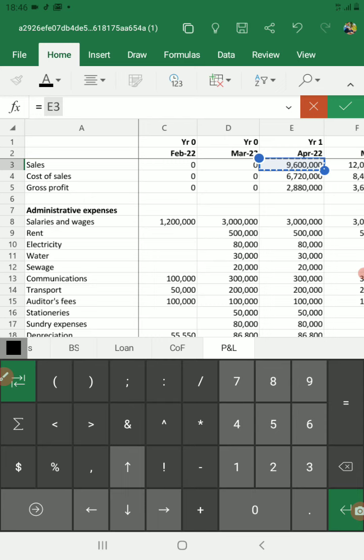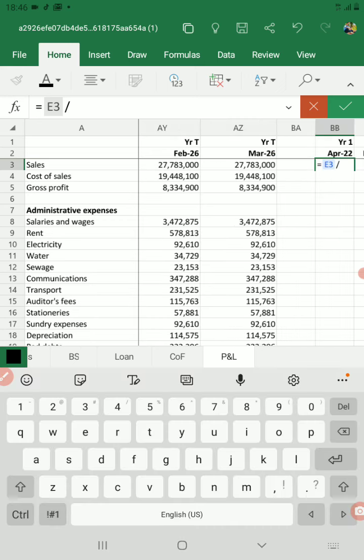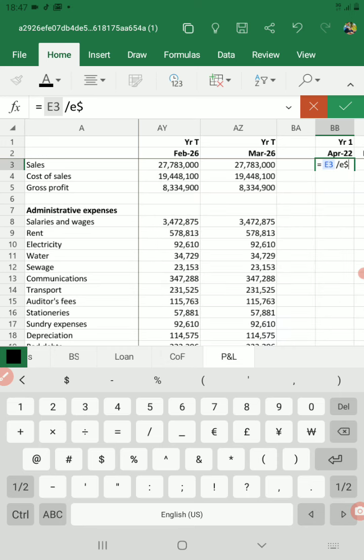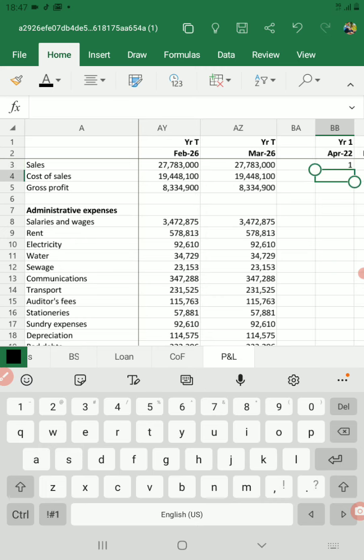So this figure, and then divide by, let me choose this one, that is, we are in E3, so type E first and then put a dollar sign and type 3 to lock row 3, press enter.